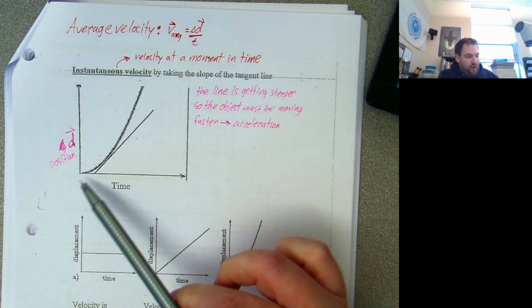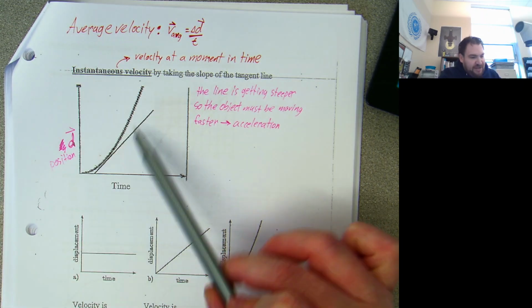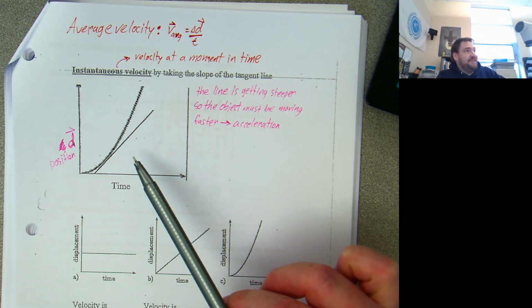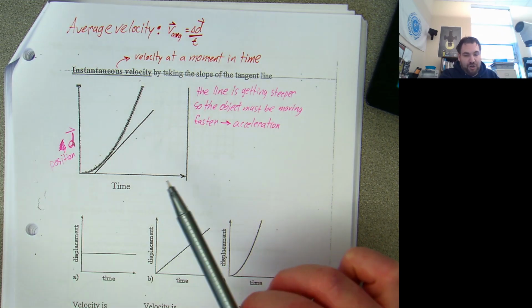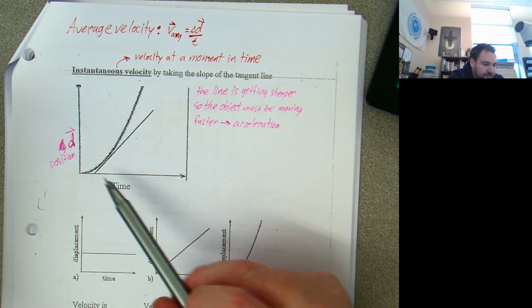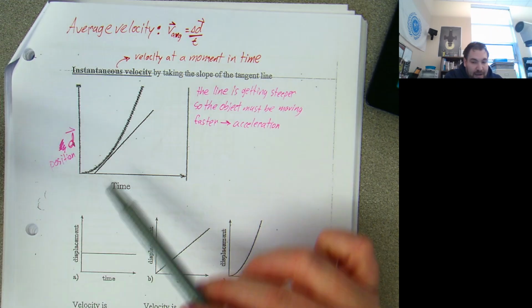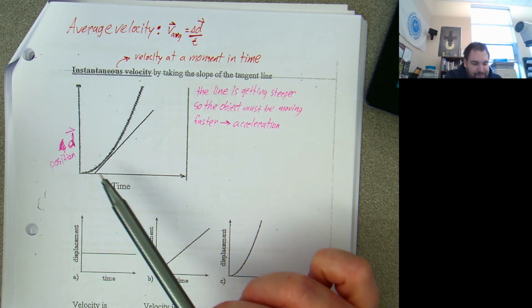And if the line is constantly curved, that means the acceleration here is going to be constant. And if you're constantly accelerating, how do we figure out how fast you're going? To do that, we draw what's called a tangent line. So I'll show you what that looks like. And you're going to practice this for me here a little bit.